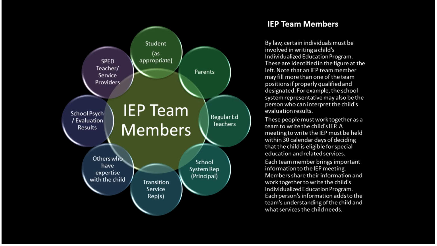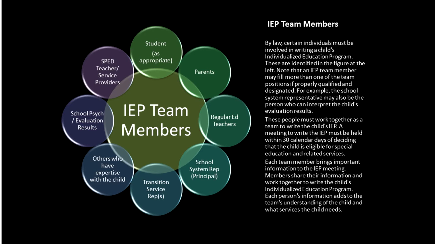It's really important that these people come together for the meeting and that they do it quickly. The time frame is 30 calendar days of deciding that the child is eligible for services. However, the sooner that you can get an IEP in place, the better off it is for everybody.